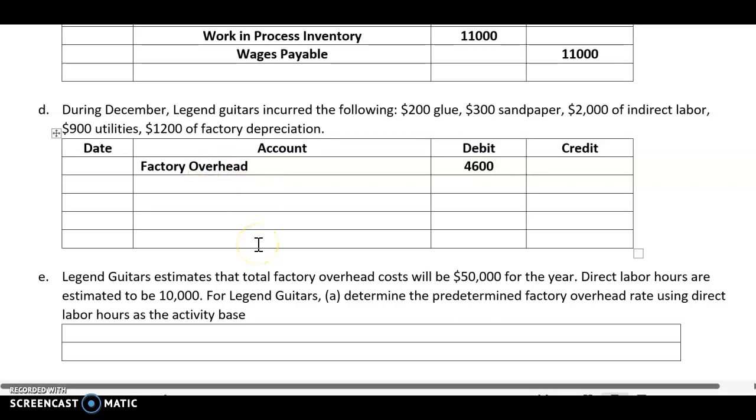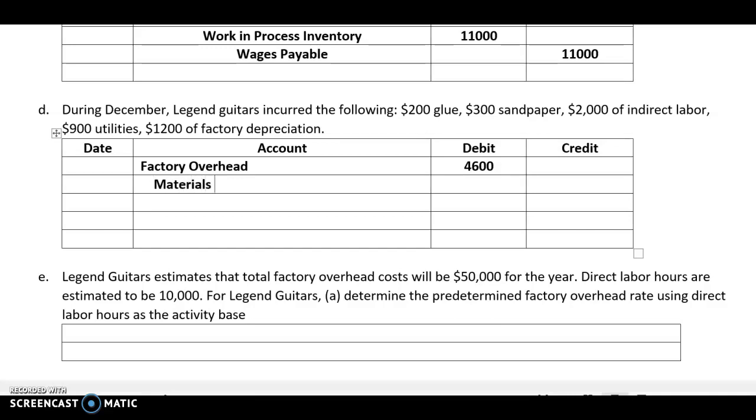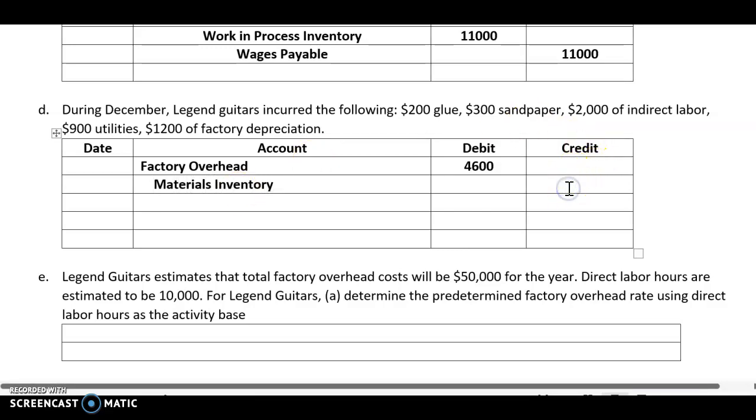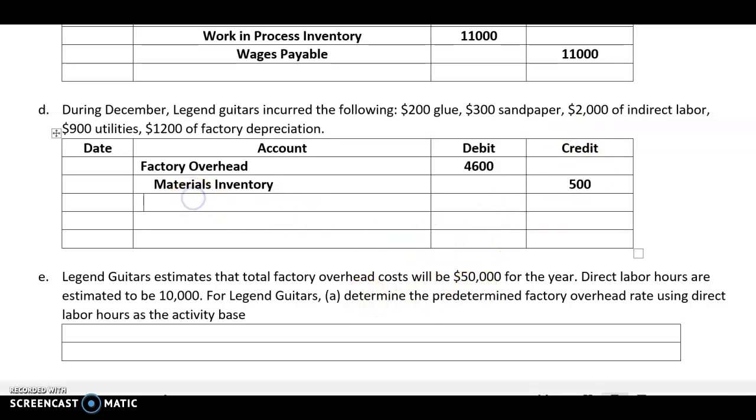So now we're going to see what we credit it to. Well, the glue and the sandpaper came from our raw materials. So we need to take it out of materials inventory because we're placing it into factory overhead. So that is the glue and the sandpaper together, which is 500. And our indirect labor needs to go to wages payable because we're going to pay these people.